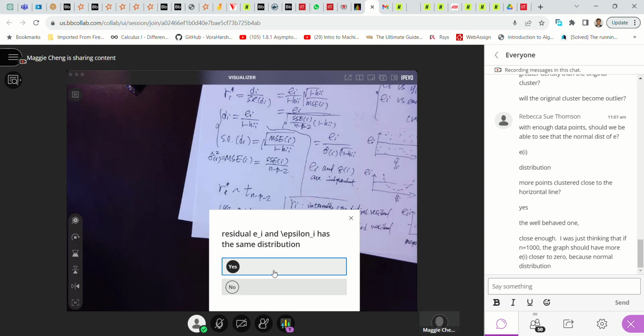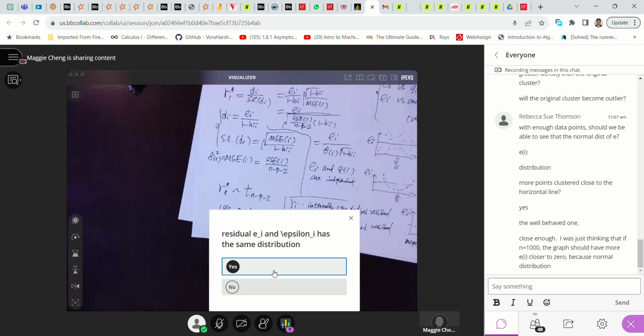Don't assume they are the same. ei depends on your model. A different model will give you a different ei, but epsilon i does not. Epsilon i comes with the data. People always have difficulty distinguishing ei and epsilon i, so I want to emphasize again and again, the residual is not the same as epsilon in your model. So the distribution of ei we just derived in this class: every data point can have a different variance, even though the E assumption is satisfied.